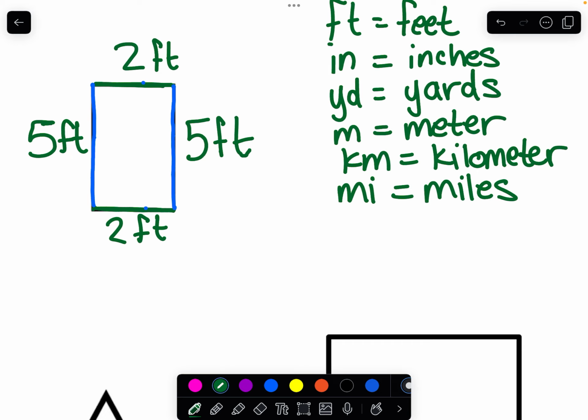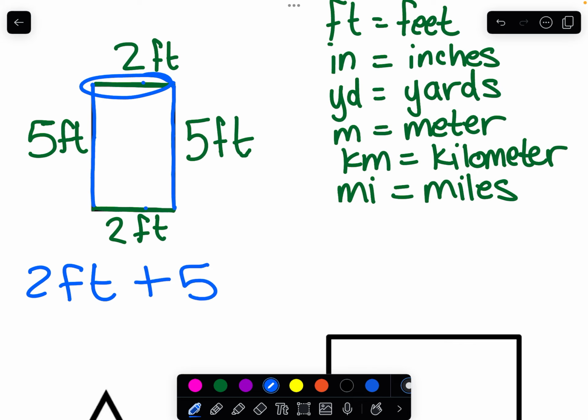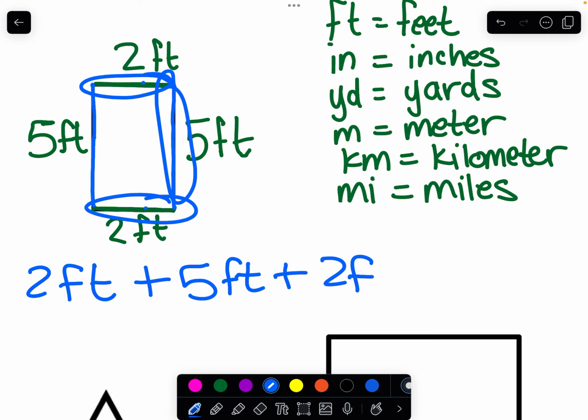And guess what? Now, with all of that information, we can find out the perimeter. All we need to do is take all these sides and add them up together. So let's do it. We've got 2 feet plus 5 feet, plus 5 feet here, plus 2 feet here, plus 5 feet here.